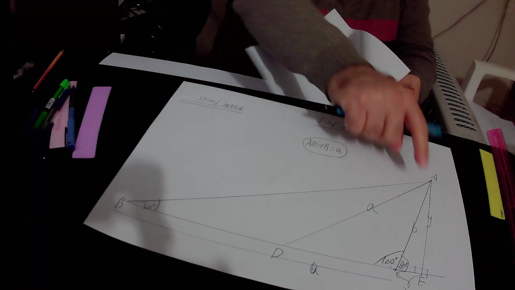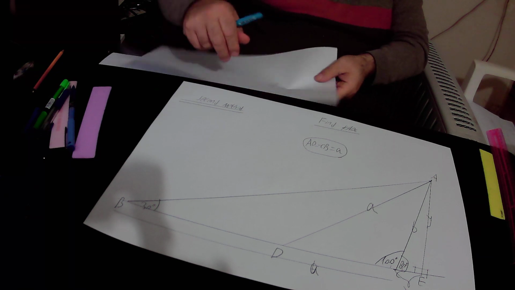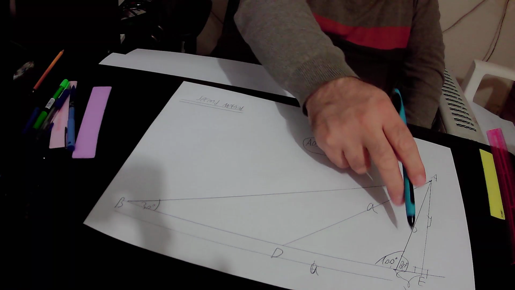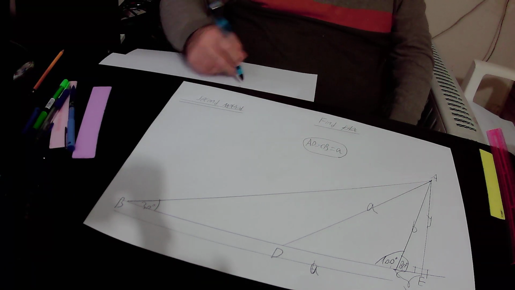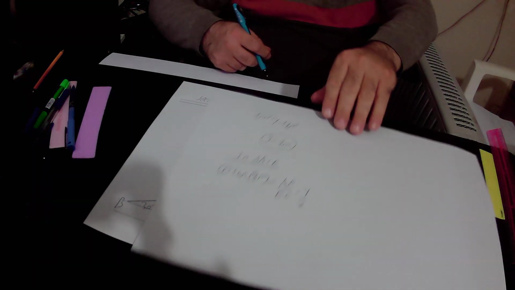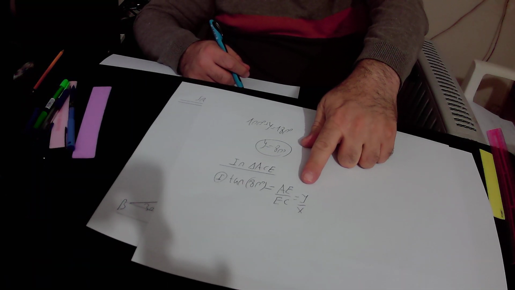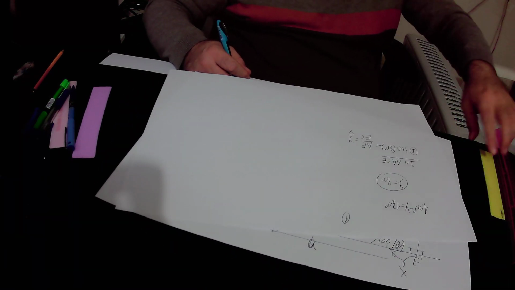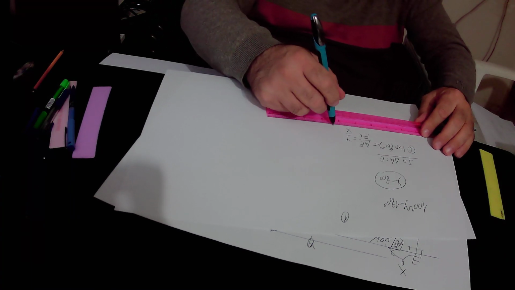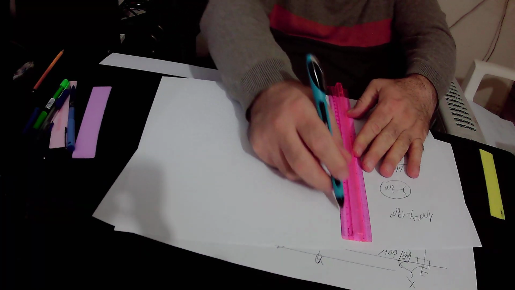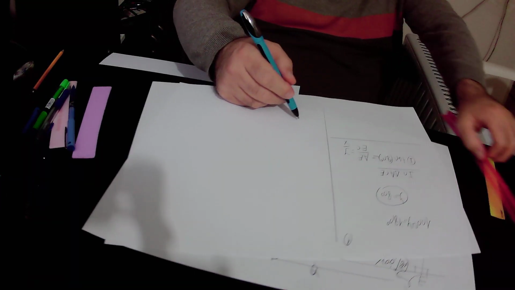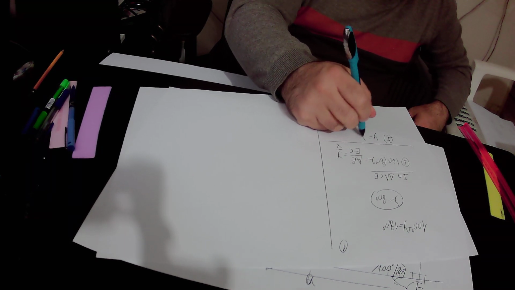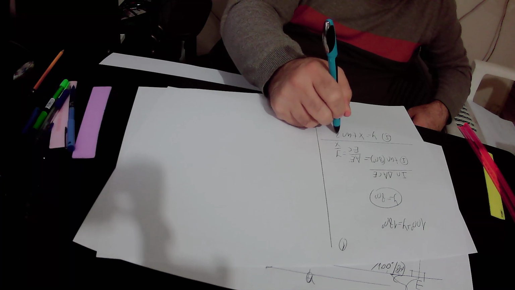But AE equals Y according to our definition, so we substitute AE by Y. And EC equals X according to our definition, so we substitute EC by X. And we get that tangent 80 degrees equals Y over X. We will multiply this equation number 1 by X, and we will get that Y equals X tangent 80 degrees.